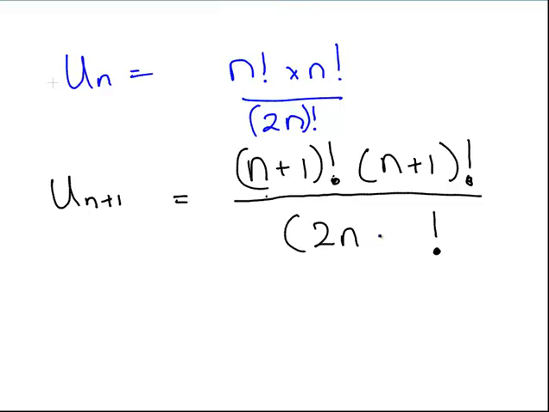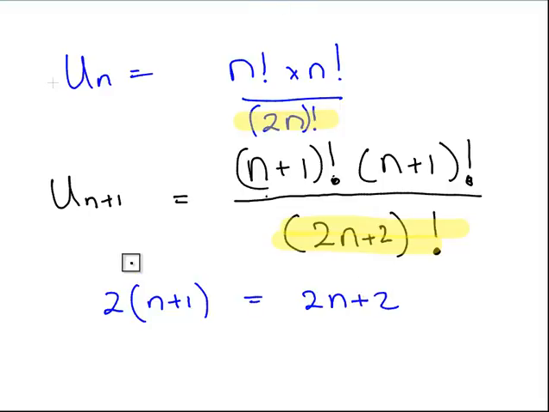When I replace n with n plus 1, I have to be very careful the whole way through, especially about multiplicative terms. So 2 times n plus 1 is 2n plus 2. I plowed straight into it myself.